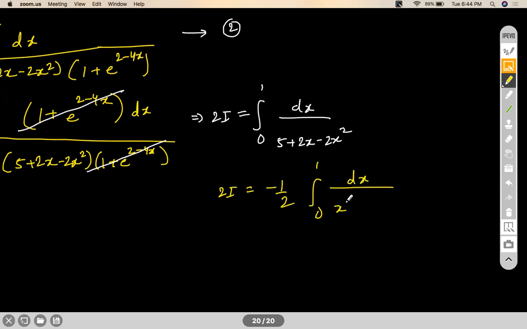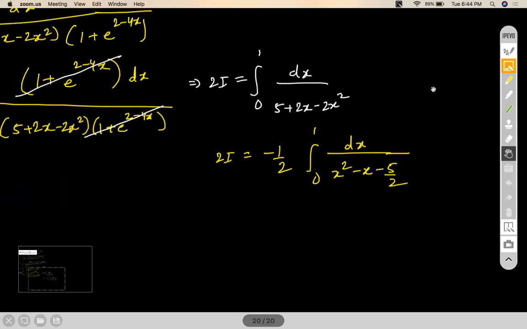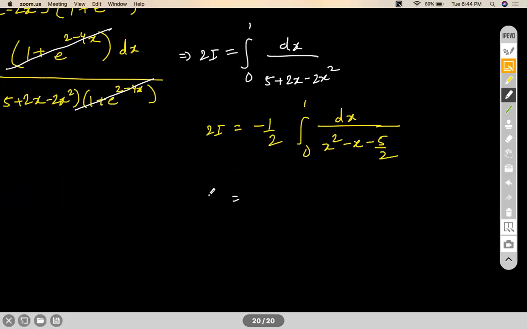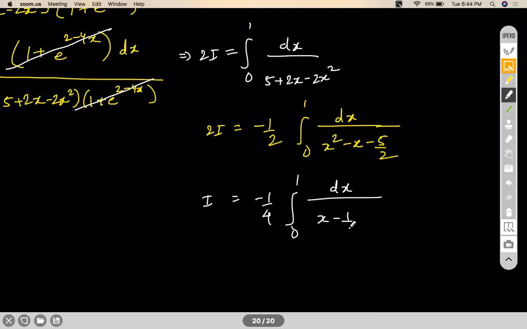It is x square minus x minus 5 by 2. So let us complete the square here. By the way, I is minus 1/4, 0 to 1 dx, x minus 1/2 the whole square.